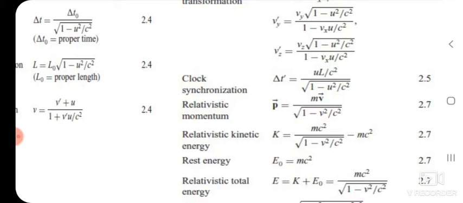Relativistic kinetic energy K is equal to mc square by square root of 1 minus v square by c square minus mc square. Or rest mass energy E naught is equal to mc square.